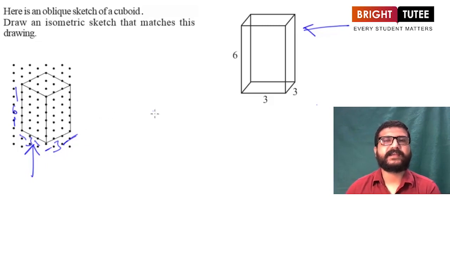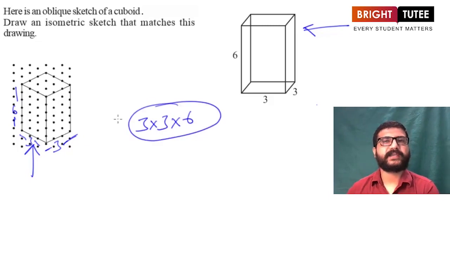So therefore we can say dimension of this cuboid is 3:3:6, that is 3 into 3 into 6. 3 is length, 3 is breadth, and 6 is height. So this is how we can draw 3D shapes on a piece of paper, that is we can draw 3D figures on a 2D plane.